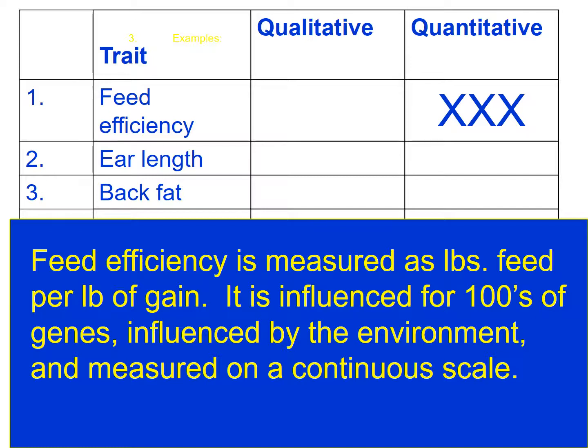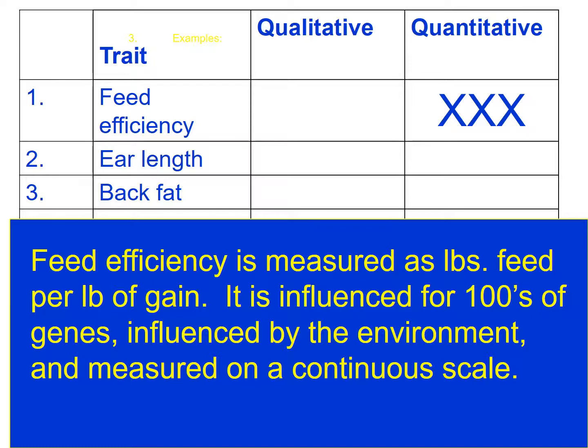So generally feed efficiency is going to be influenced by hundreds of genes. These genes may affect appetite, may affect whether they waste feed or not, may be influenced by the immune system. If animals are sick, feed efficiency is going to go down.